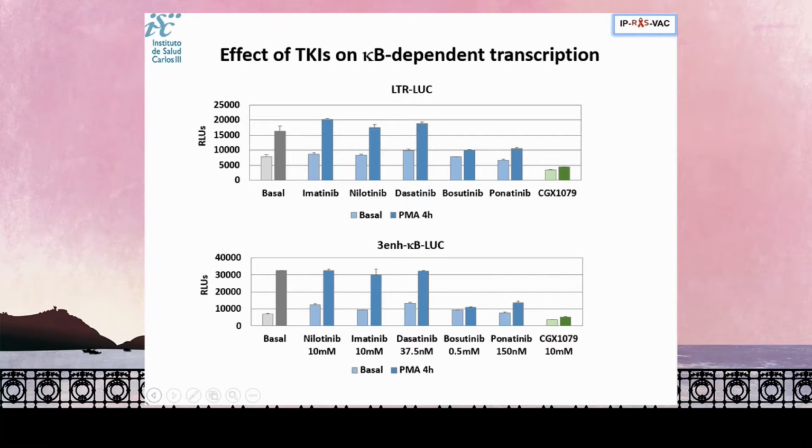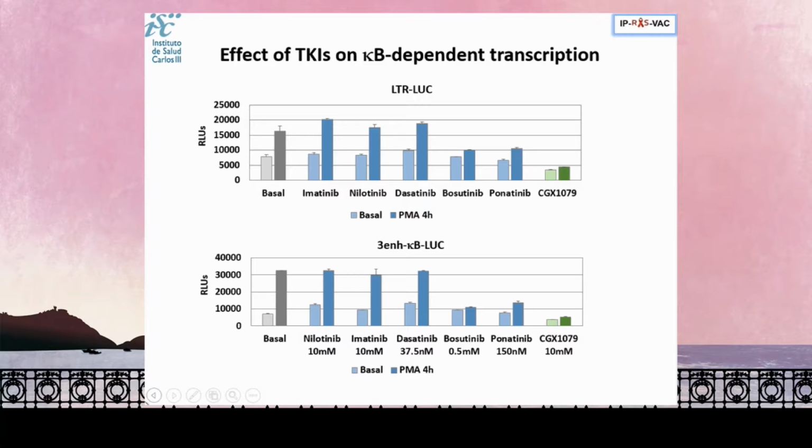Finally, we wanted to determine if there was some activity of these tyrosine kinase inhibitors in the kappa B-dependent transcription, because it's essential for the replication of the provirus. And then we transfected, in this case, Jurkat cells, because this is a very difficult experiment to perform in PBLs, although we are persevering in it.